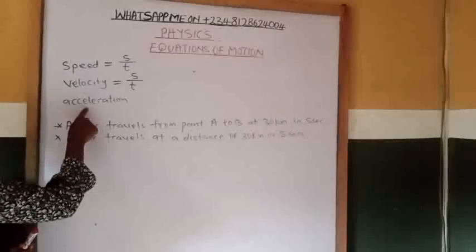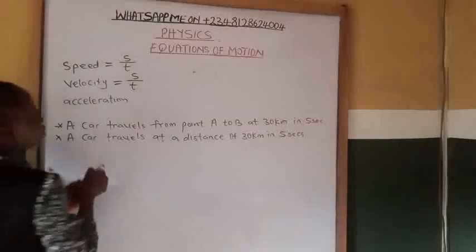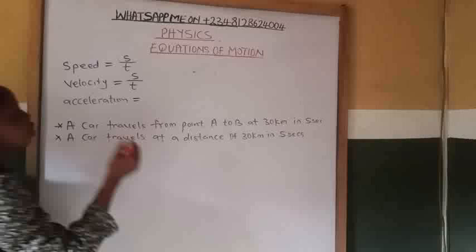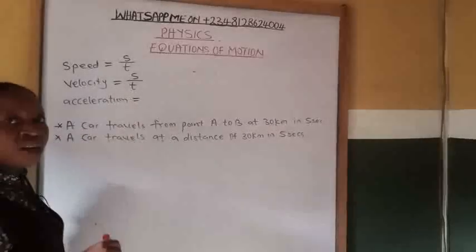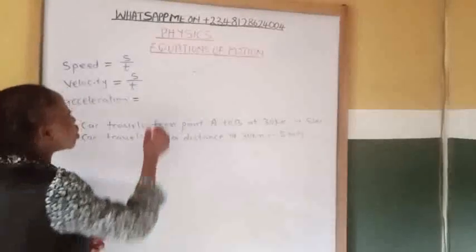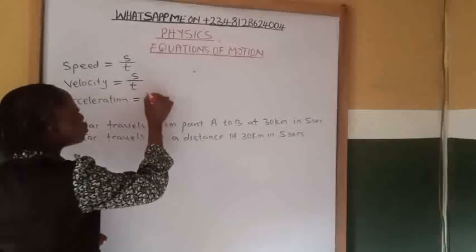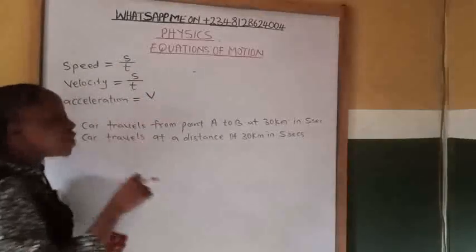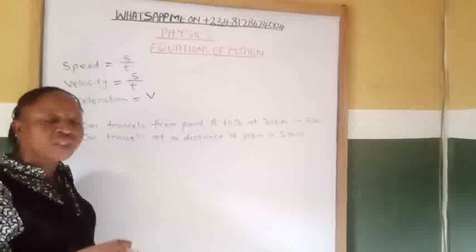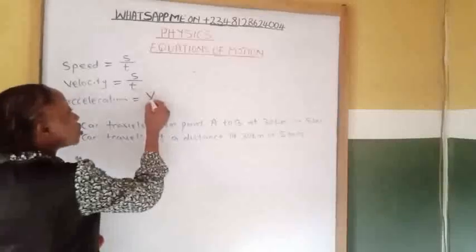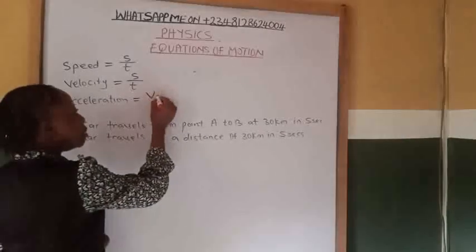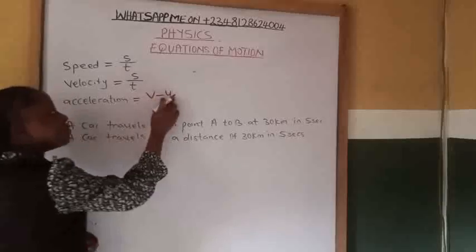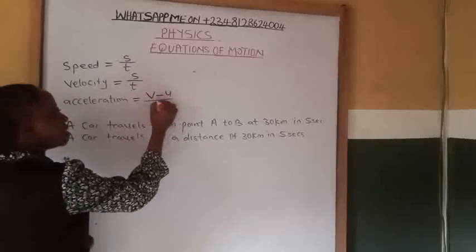Now, what is acceleration? Acceleration is the rate of change in velocity. We have two types of velocity: the initial velocity, that is the starting point, and the final velocity. So the change in velocity is v minus u, over time taken.